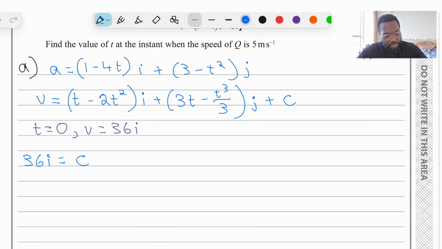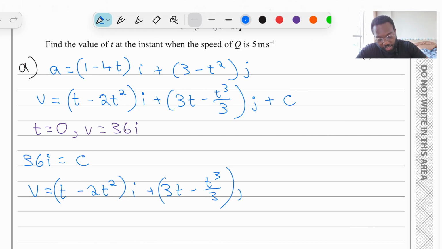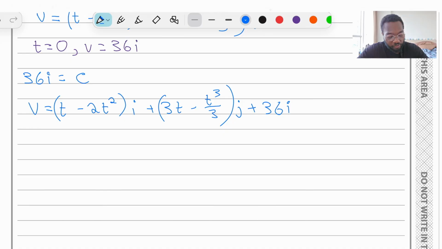Therefore, if we rewrite the equation now, v is equal to (t minus 2t squared)i plus (3t minus t cubed over 3)j, and then plus that c, which is now going to be 36i. Then what we need to do is look at the velocity when it's at 4 seconds. So just put 4 into t, and that'll give us our velocity.